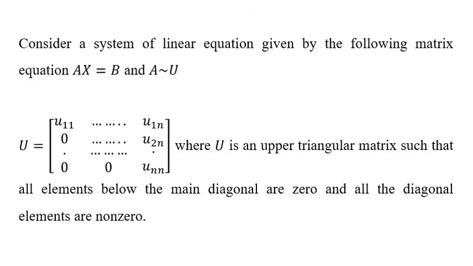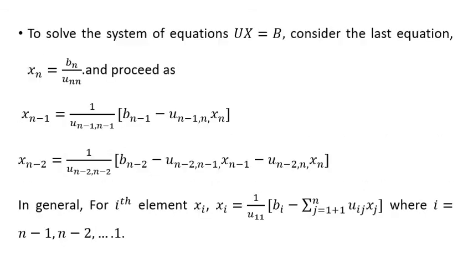So if we have this upper triangular matrix corresponding to matrix A, then the system of equations Ax equal to b becomes, say, Ux equal to b dash.